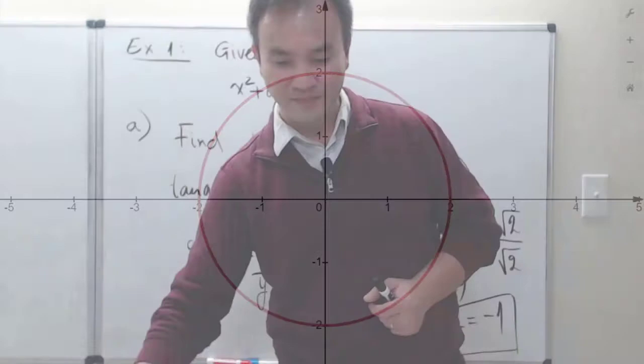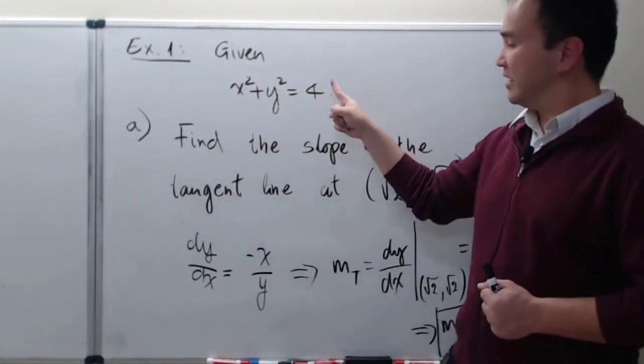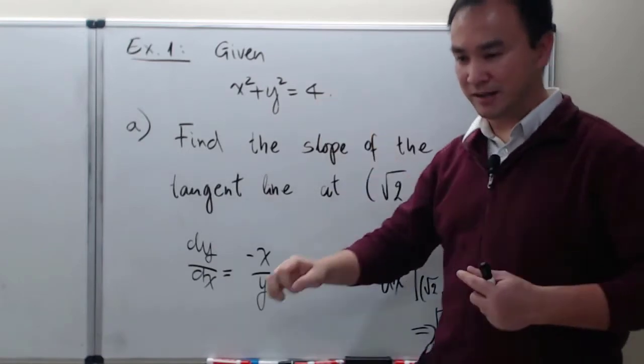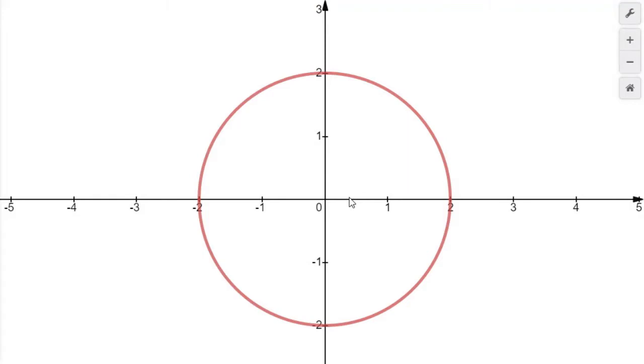That's the graph for this equation. And by the way, the 4 here is 2 squared, and that's why the radius of this circle is 2. But that's just the algebraic understanding of the graph.